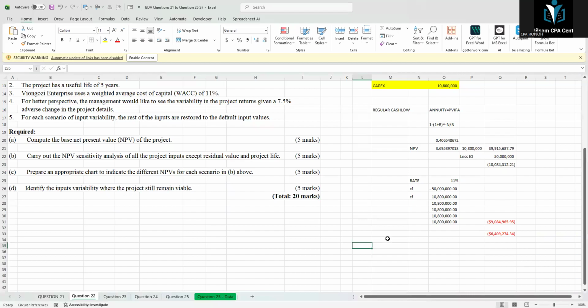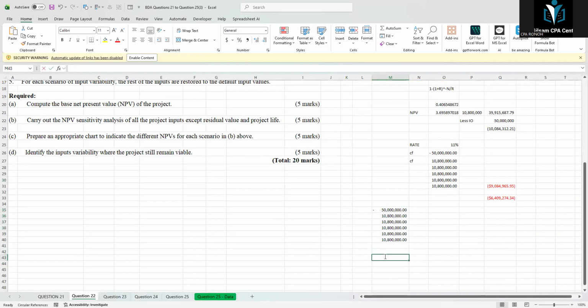So for IRR, you just say equals IRR. It will ask you the values. So you just need to put these are the values. If these are the values, then I want to calculate the IRR of this.